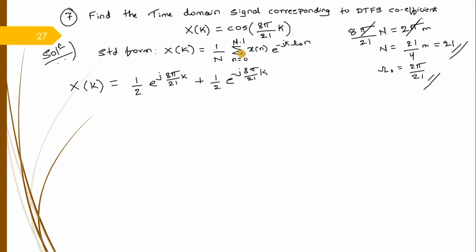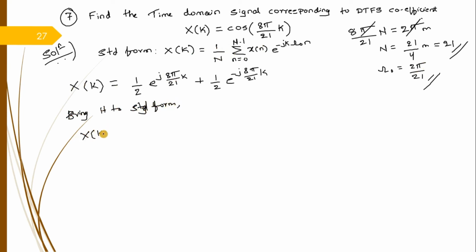So now I want to bring it into the standard form. In standard form, x of n is there, e raised to minus j is there. I want to bring it in this form. To bring it in the original form, I make certain adjustments here. Period is 21. A 1 by 21 factor should compulsorily be there in order to match with the standard form.